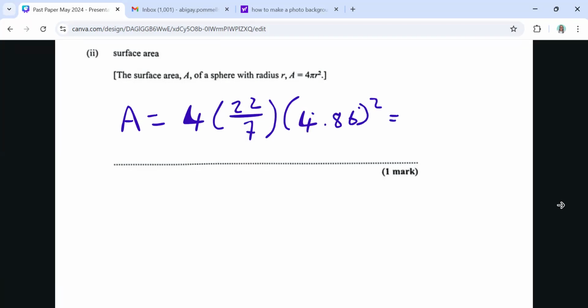All right, we're going to use our calculators here. I got 297 centimeters squared.